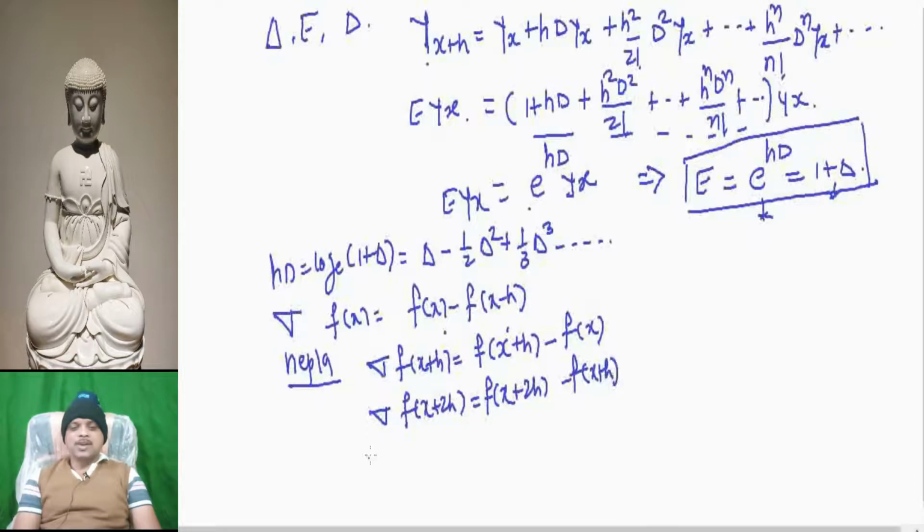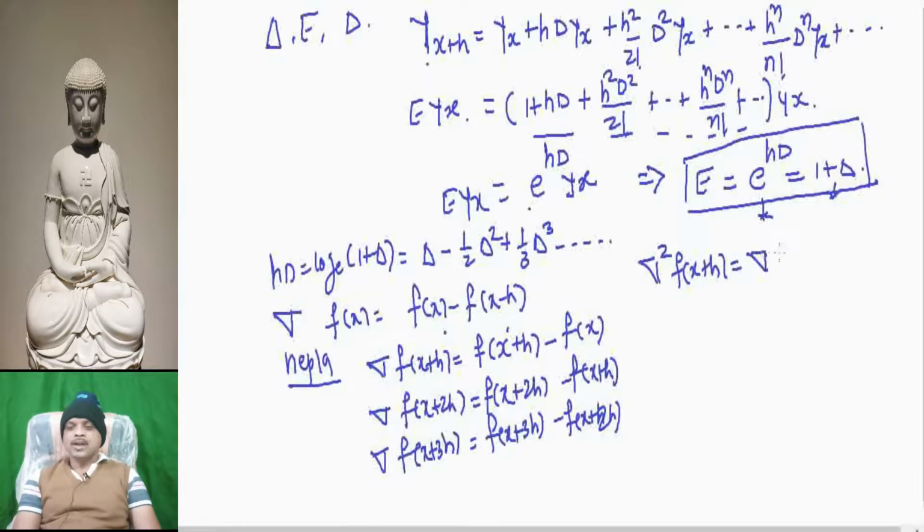Nabla of f(x plus 3h) equals f(x plus 3h) minus f(x plus 2h). Now, nabla square of f(x plus h) equals nabla of nabla f(x plus h). Nabla f(x plus h) is f(x plus h) minus f(x).